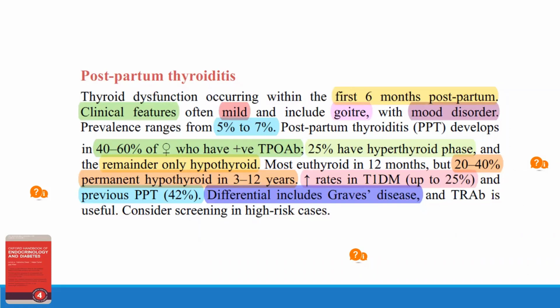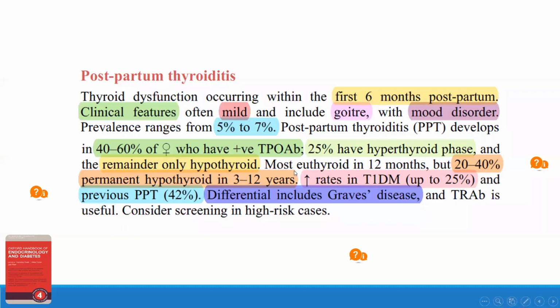Later on, all patients go to the hypothyroid or euthyroid stage. But most cases of postpartum thyroiditis are discovered in the hypothyroid stage.